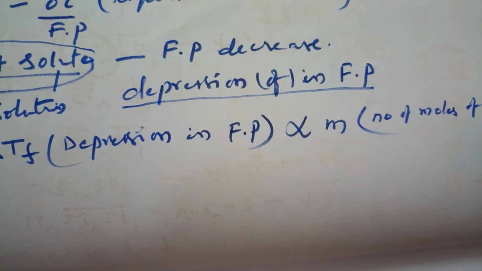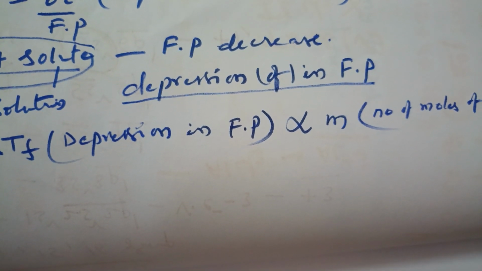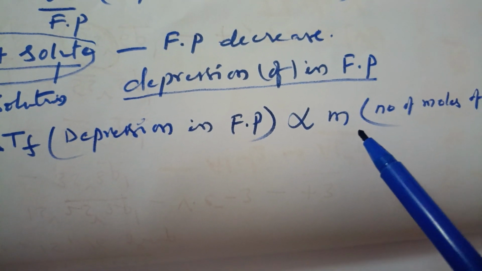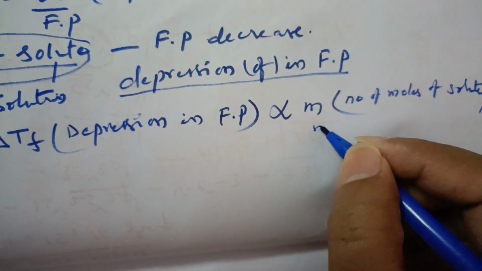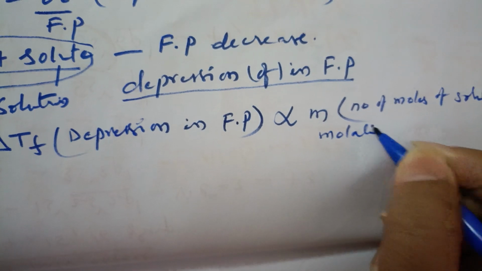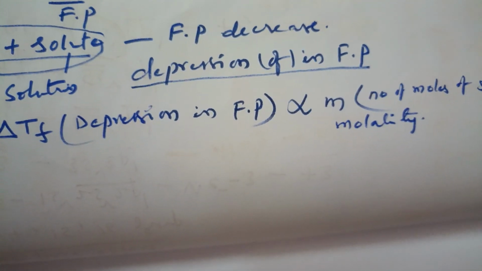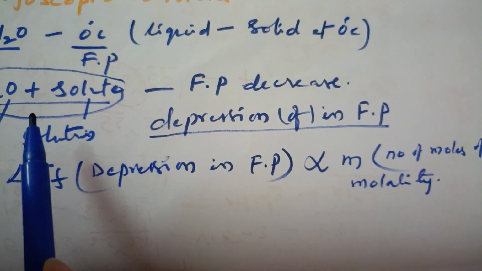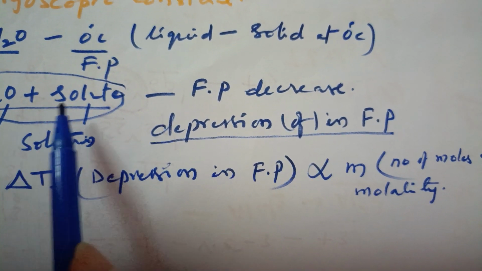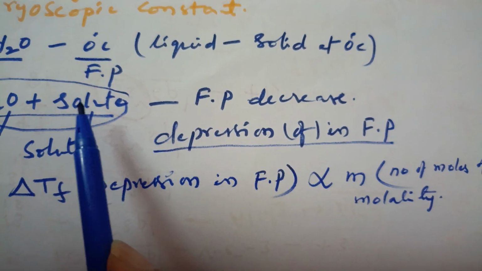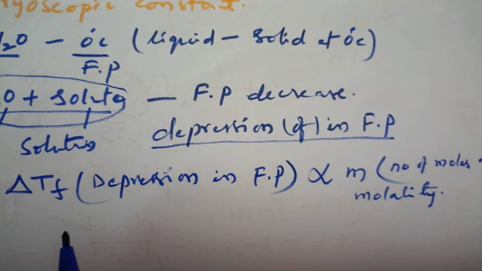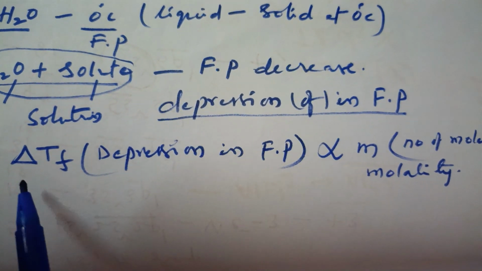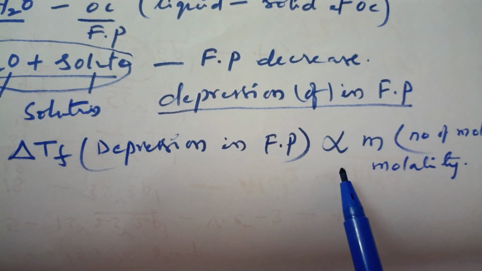Number of moles of solute present in 1 liter of solution is the molarity, capital M. Here small m means molality. So simply, if you add more solute to this solvent, depression in freezing point also will increase. That is, delta Tf is proportional to small m.